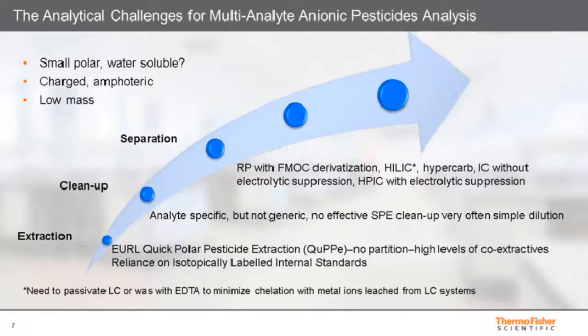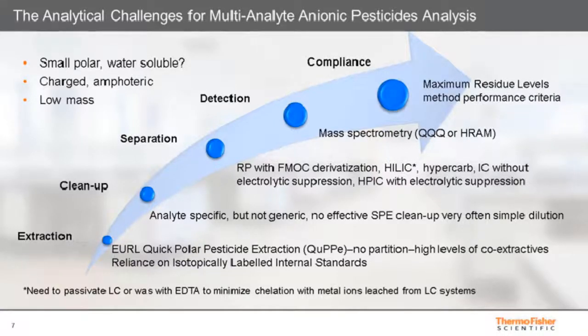Finally, a triple quadrupole is used as detector for targeted analysis, or, in case of targeted and untargeted analysis, the use of high resolution accurate mass is an option. The final challenge is that all results must meet the European standard performance criteria.